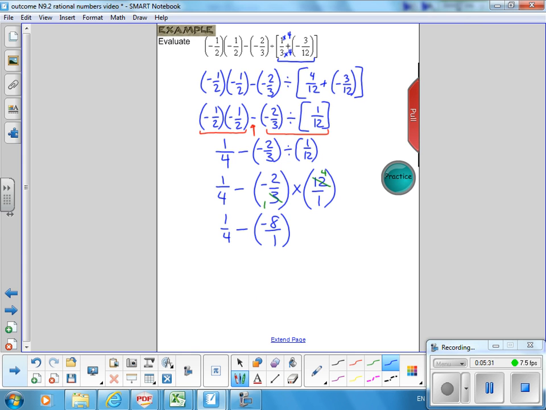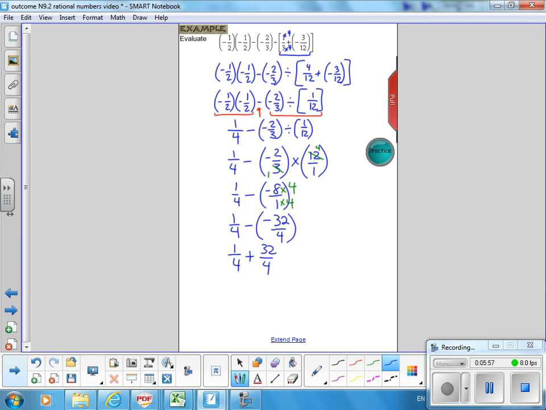Now my last operation is subtraction. And when I'm subtracting fractions, I need to have a common denominator. So I'm going to multiply this by 4 over 4. And I'm going to have 1/4 subtract negative 32 over 4. And when we are subtracting a negative, we are actually adding. We're adding the opposite. So we are adding 32 over 4.